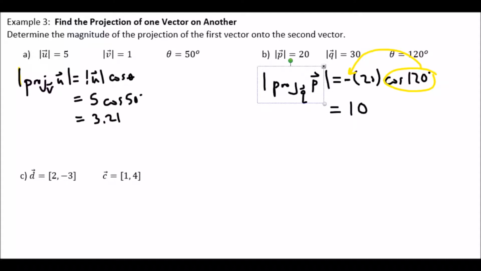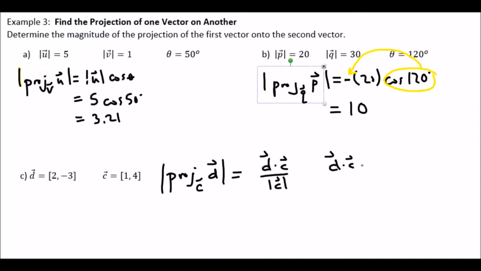Finally here, projection of D onto C. So I want the magnitude of the projection of D onto C, and this is equal to vector D dot vector C all over the magnitude of C. So I'm going to do D dot C first.